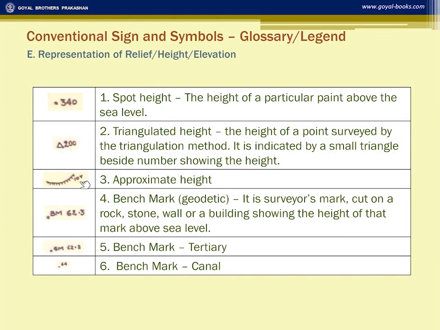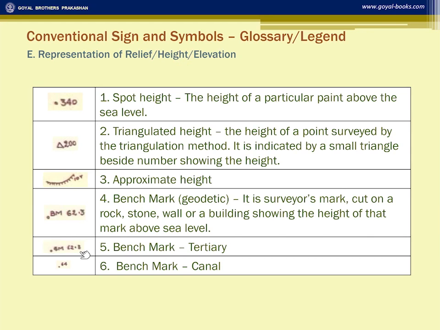Approximate height is shown by this symbol and benchmark by BM. BM means benchmark. Beside that, the 62.3 is written, which shows that the height of that particular point is shown in meters. It is generally, you will see, a surveyor's mark cut on a rock, stone, wall or a building, showing the height of that mark above sea level.